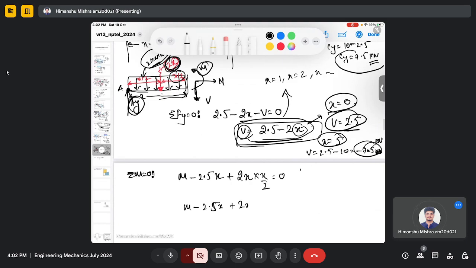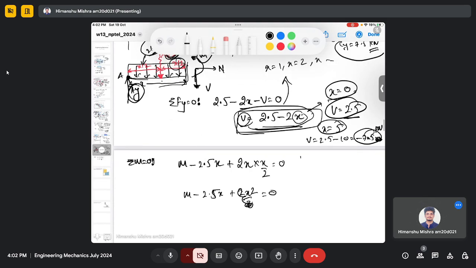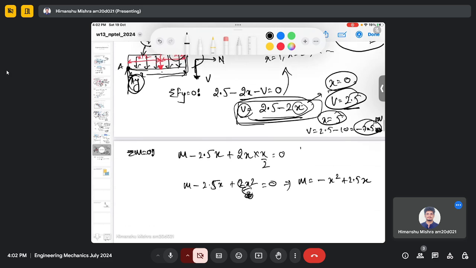So it's 2x squared by 2, basically x squared, equals 0. So we will get the moment, which is minus x squared plus 2.5x. So this is the moment equation.